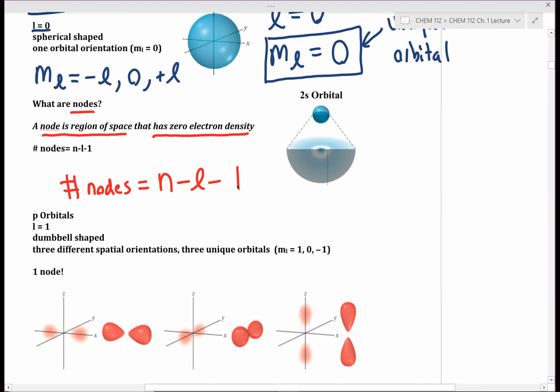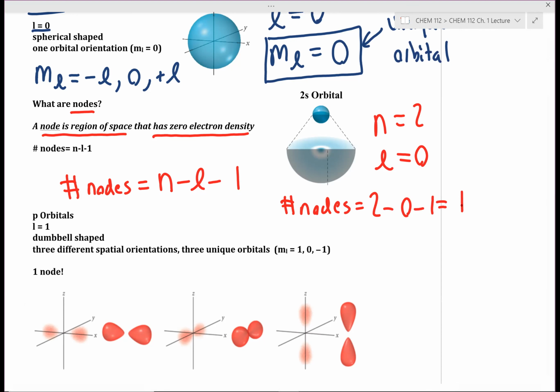So in this case, for a 2s orbital, let's take a moment and write down all of the quantum numbers that we know. What's the n value for a 2s? 2, yep. So n is equal to 2. What's the L value? 0, yep. Okay, so looking at our number of nodes, we have 2 minus 0 minus 1, and we calculate that we would have a total of 1 node.